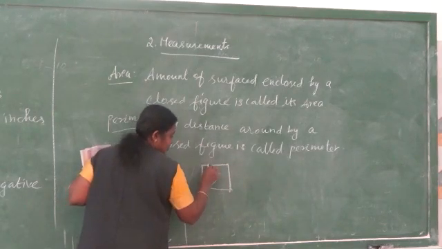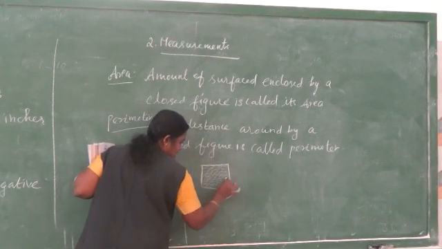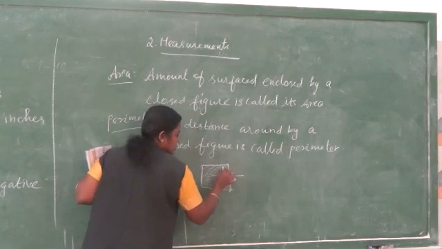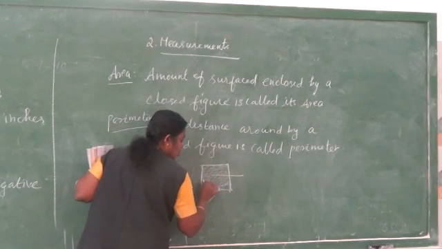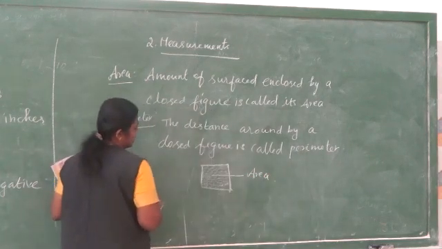The amount of surface enclosed, this is called area, because here this surface is enclosed by a closed figure. What is meant by perimeter?